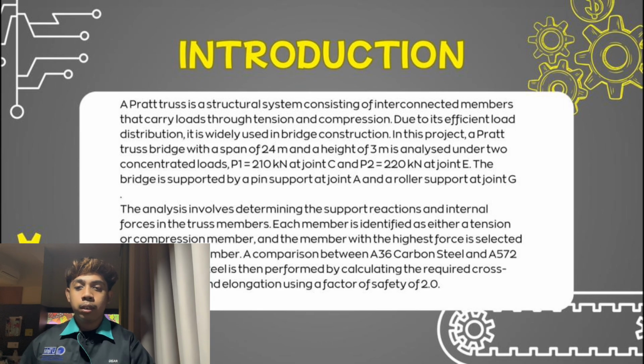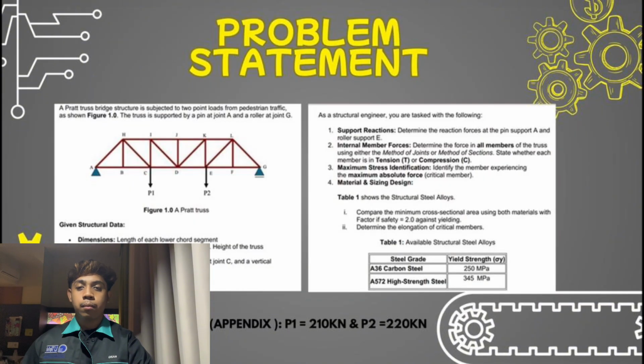The bridge is subjected to two concentrated loads, which are 200 kilonewtons at joint C and 220 kilonewtons at joint E. The analysis focuses on determining support reaction, internal member forces, and selecting the critical member for material comparison.